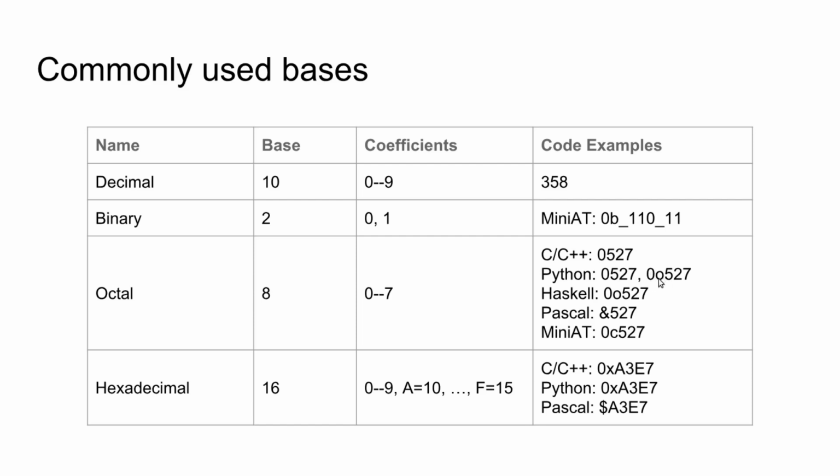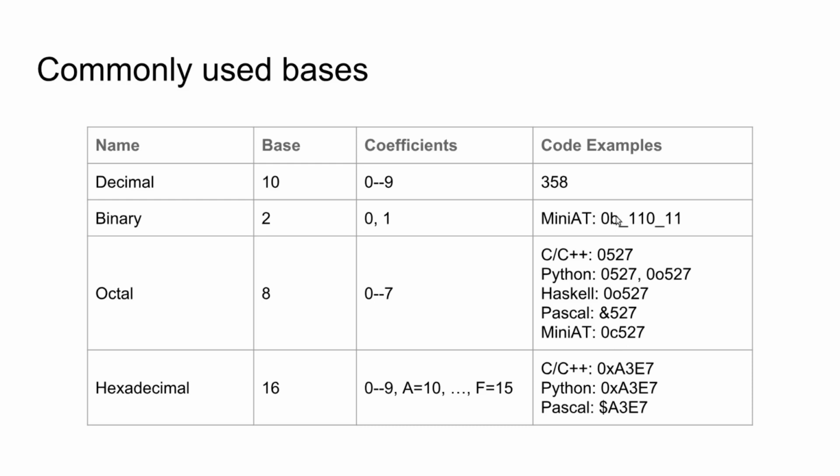This is 0, little o. In Haskell, we use the same notation as Python 3. In Pascal, we use the ampersand before octal digits to indicate an octal number. And in the Mini-AT architecture, for its assembly language, we use a 0 followed by a C.